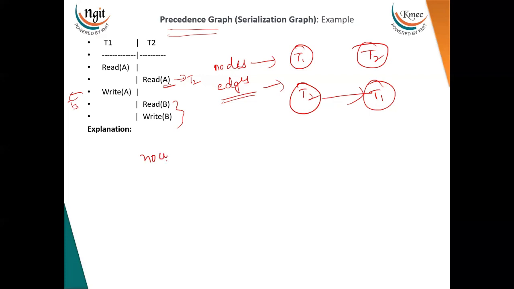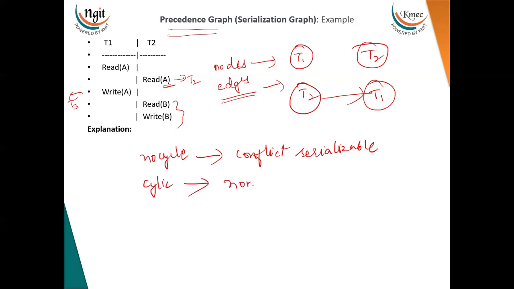So if there is no cycle that is formed in the given graph, then we can say that it is conflict serializable. Clear? If you find a cycle in a given graph, if the graph is cyclic, then you can say that it is non-conflict serializable.